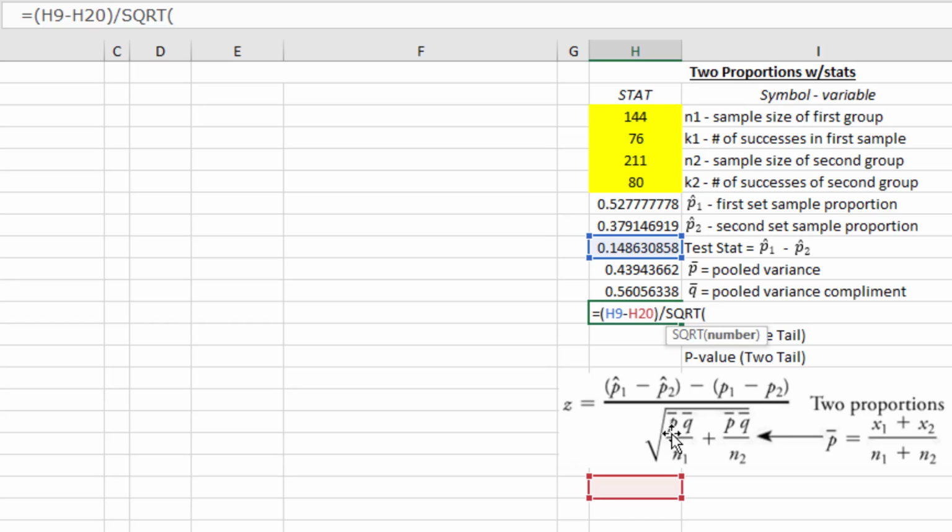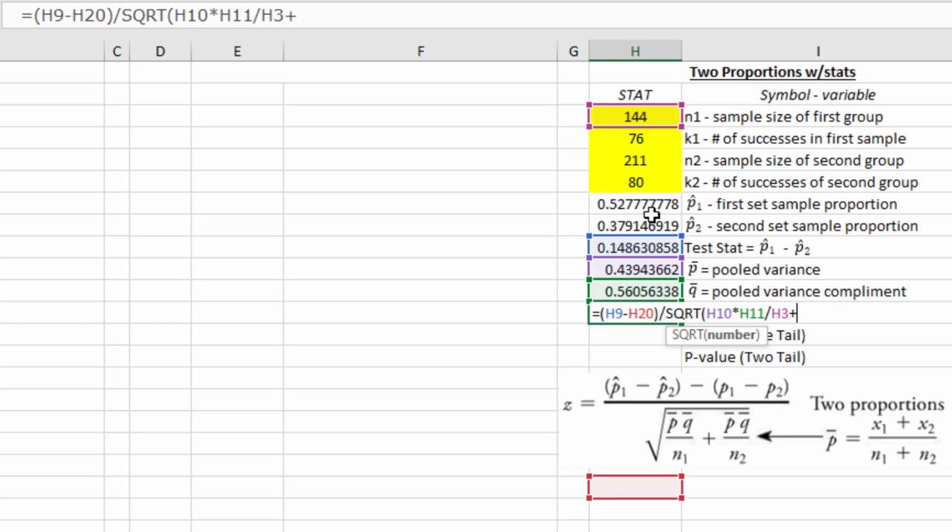We don't need parentheses, so we can just go p bar times pooled q, right, divided by the first sample size, and then plus, because order of operations knows to do all the multiplication and division first, so that's why we don't have to have parentheses. Then it's going to add the other fraction.